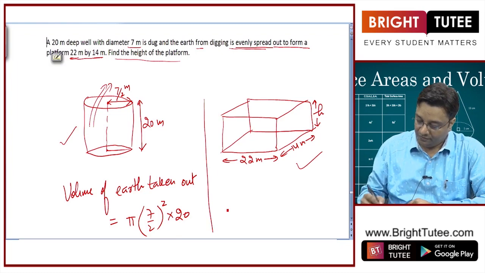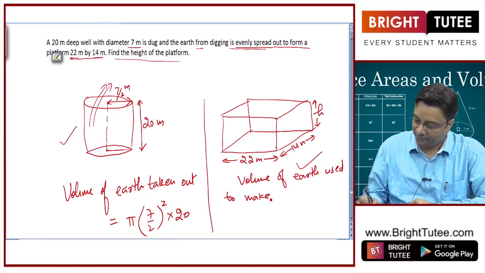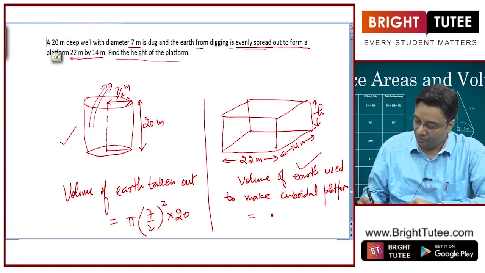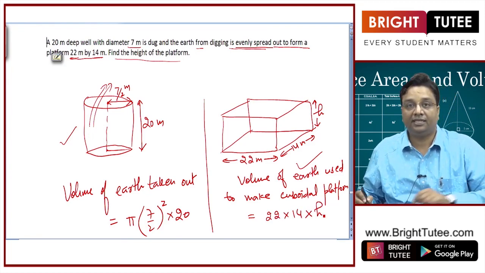And volume of earth used to make the cuboidal platform is equal to length into breadth into height, which is h.